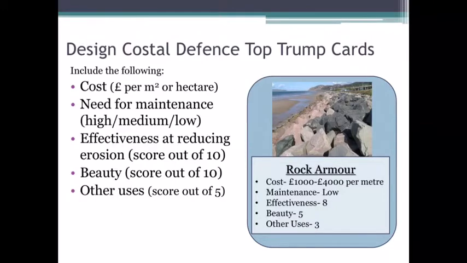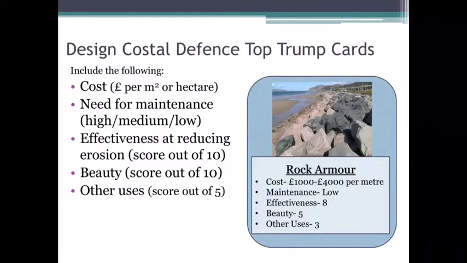So what I'd like you to do is to create a series of top trump cards, including some of the information in this presentation about different types of coastal protection methods, and also some other things as well. So I want you to create maybe 6 to 8 cards.